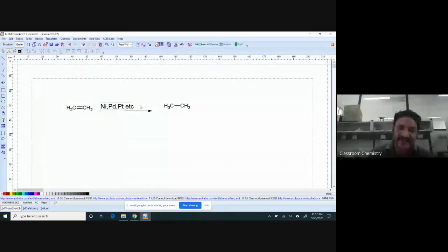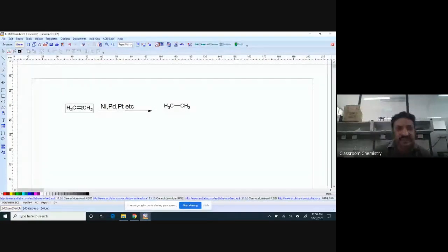So that reaction is called what? Hydrogenation. Hydrogenation is a chemical reaction between molecular hydrogen and a compound. Here the compound is what? Alkene.